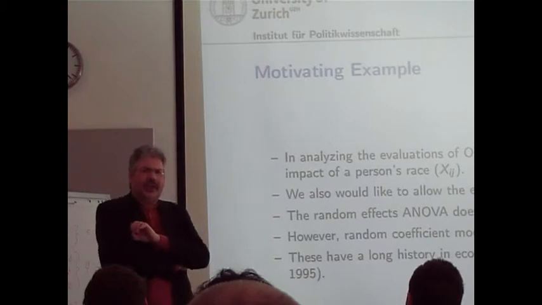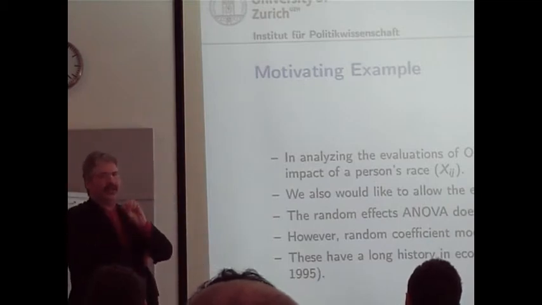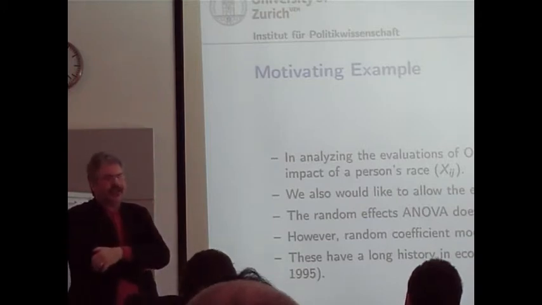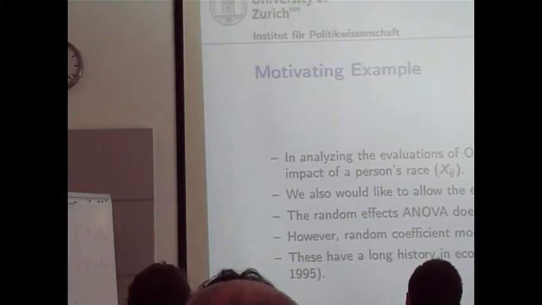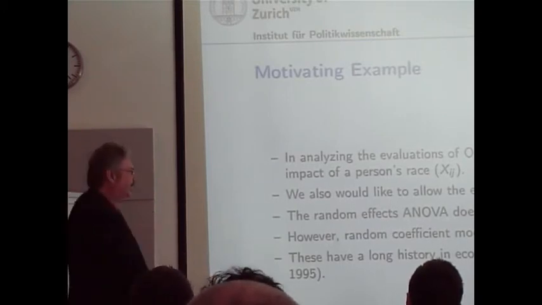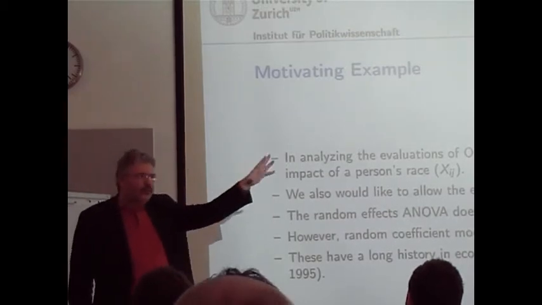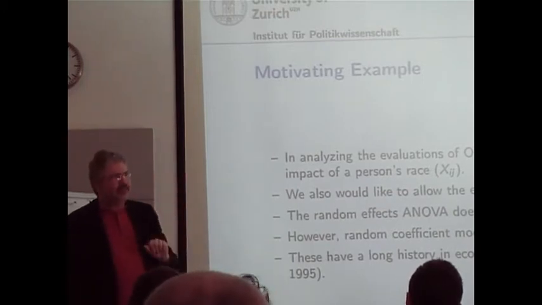Later I will add as an explanation for why the effect of race may matter differently across states the percentage of blacks in the state. But for now, all I'm going to say is, we have a model now with a predictor, race, and the effect of race can vary.